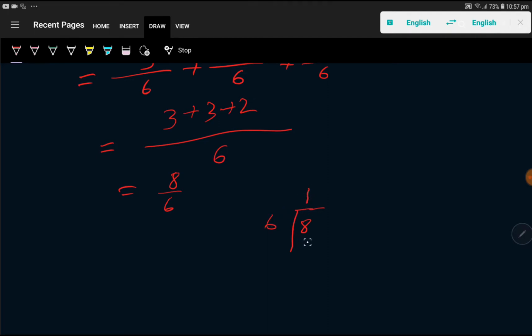So 1 times 6 gives us 6. If you subtract, then I will get 2. And this 2 will come as the numerator of the fraction. So if you convert this improper fraction to a mixed number, then you will get 1 and 2 over 6. So this is the answer, right?